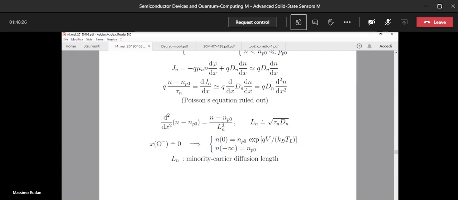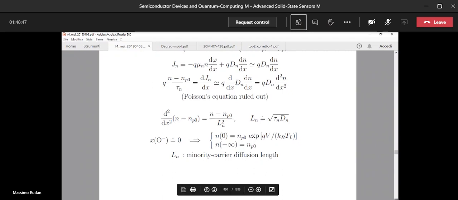Conclusion, we have a second order differential equation, linear with constant coefficients. And we have two boundary conditions, okay? So we now can solve the equation. Obviously, the solution is a linear combination of exponentials.